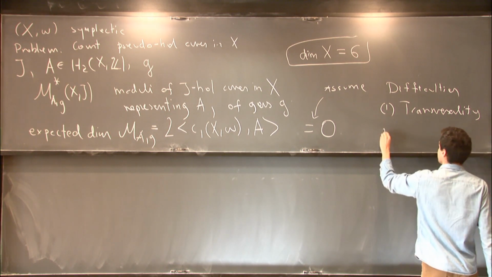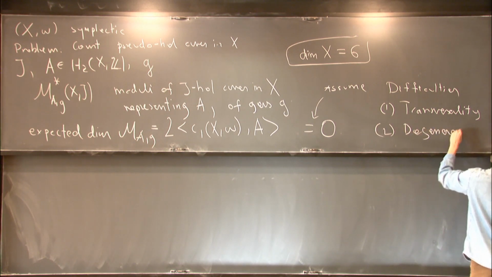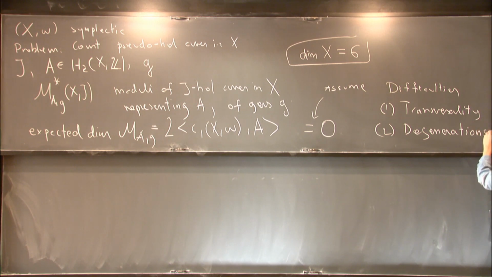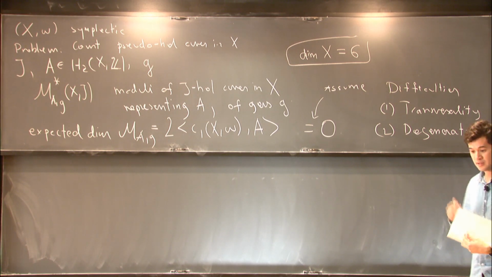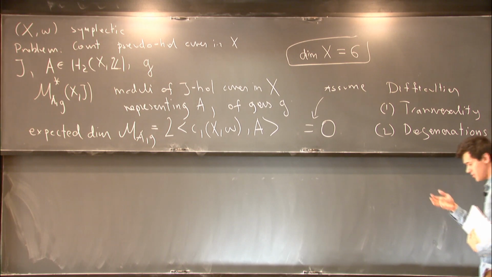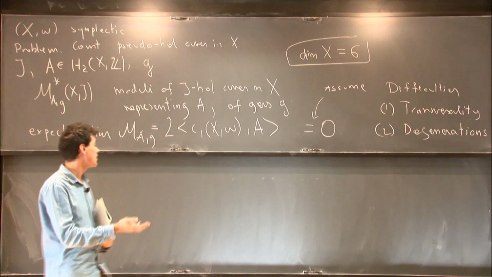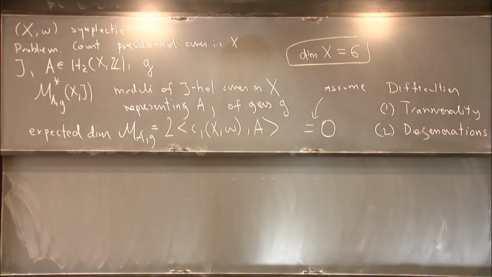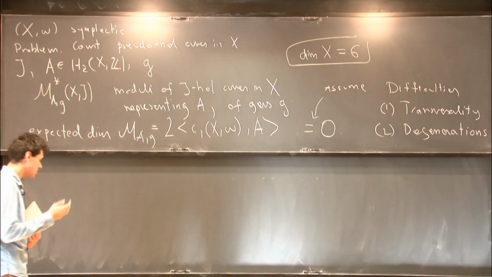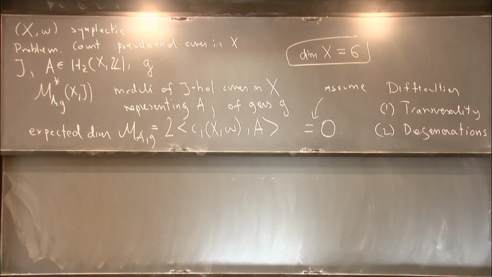And finally, there's the problem of degenerations or compactness: even though you are interested in images of J-holomorphic maps, in actual geometric curves in your manifold, the space of curves is typically not compact because these curves can degenerate to some sort of singular objects. And depending on what degenerations you allow, you will arrive at different theories of curve counting.